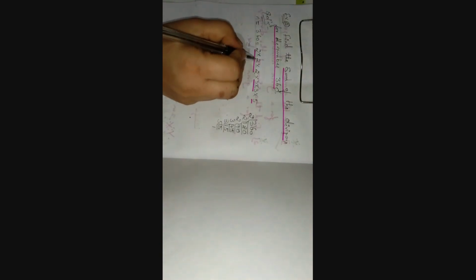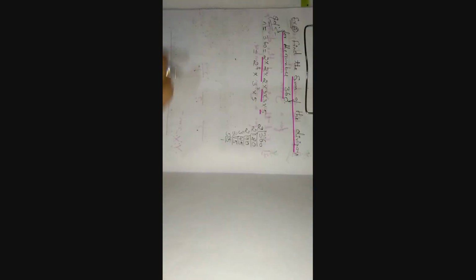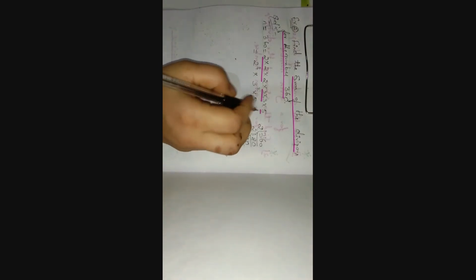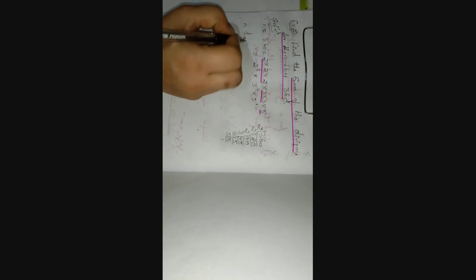Now the second step is this prime number with its power. How many are there? 2 three times, into 3 to the power 2, and 5 is 1 time. So I'll write the same sentence as I wrote for the previous problem.